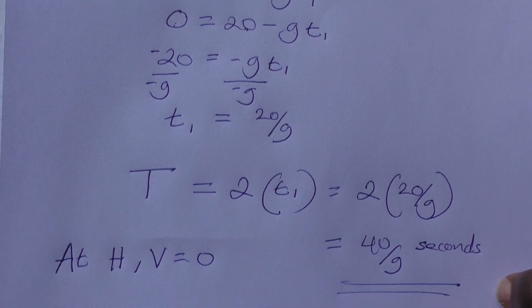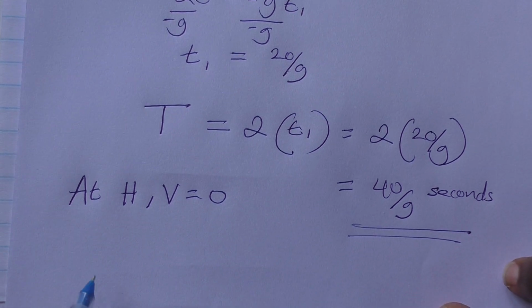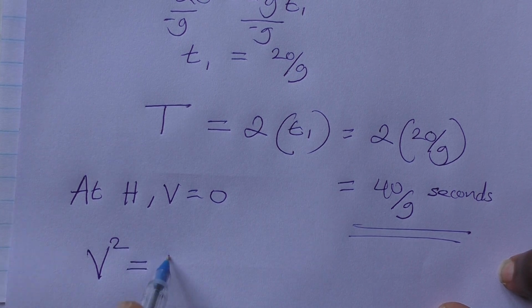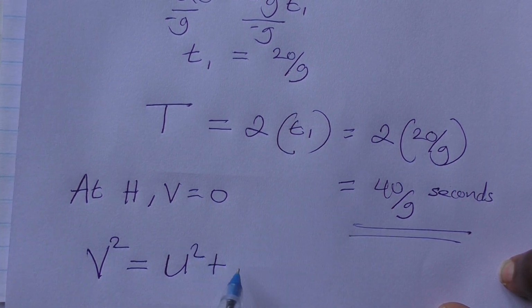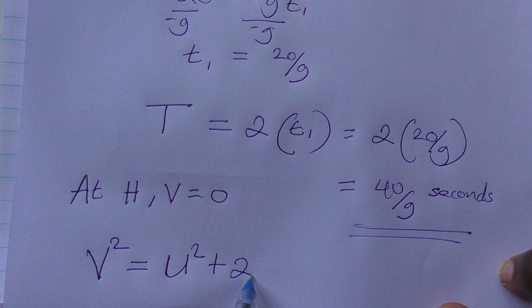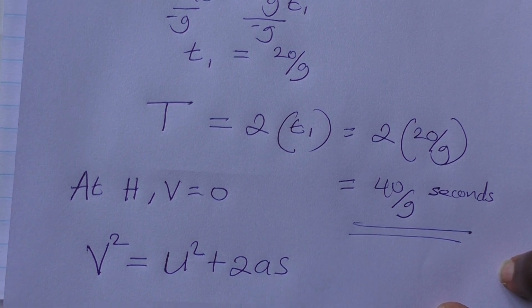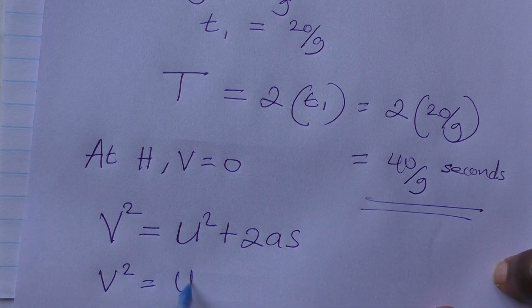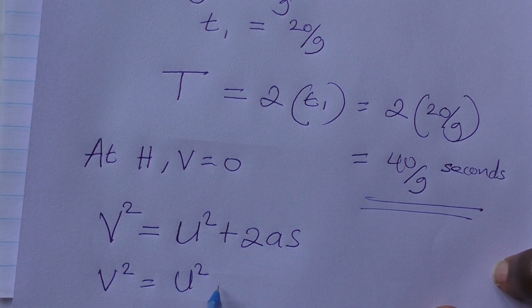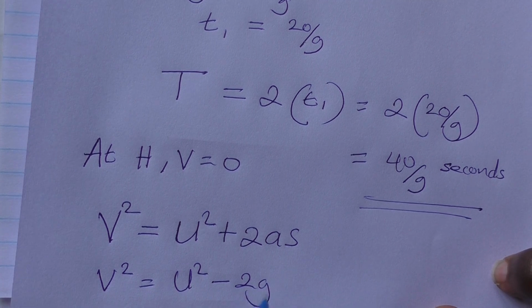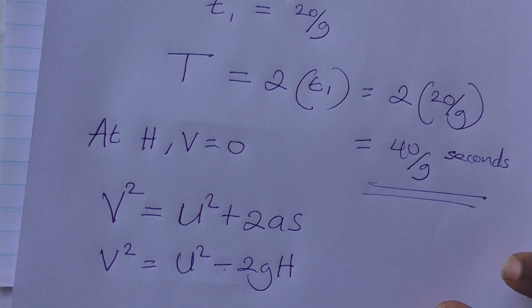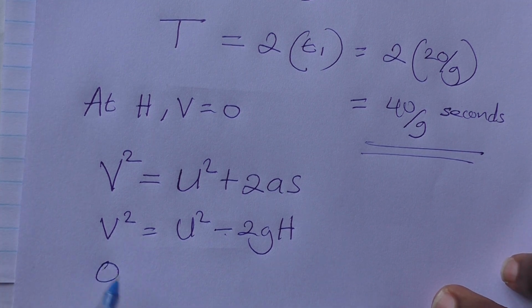And therefore, from the third equation, v squared equals u squared plus 2as. Therefore, it will be v squared equals u squared minus 2gh. Since it is going up, it is a minus. And the final is 0.